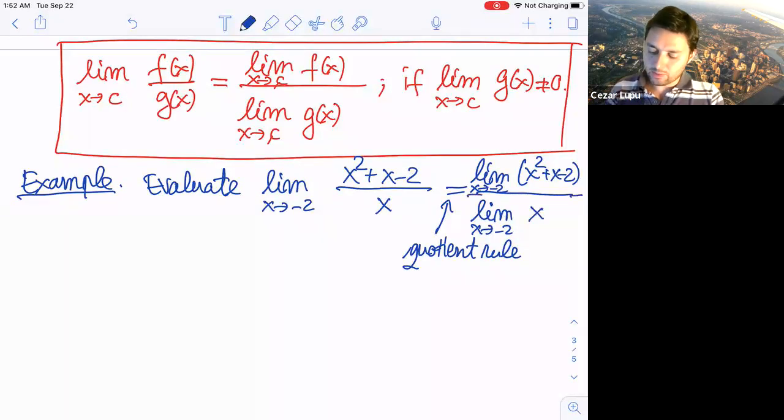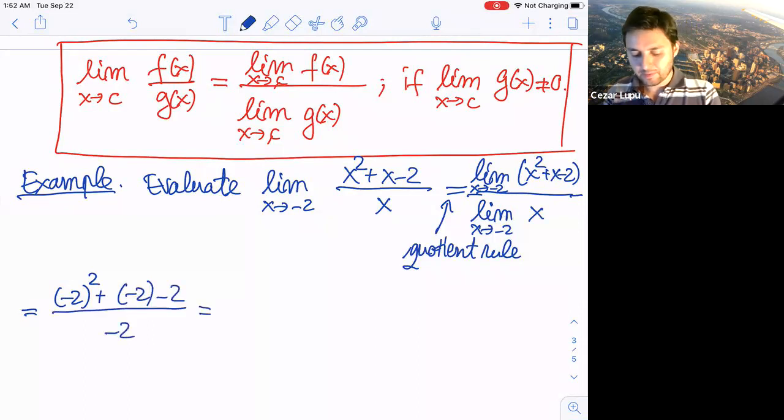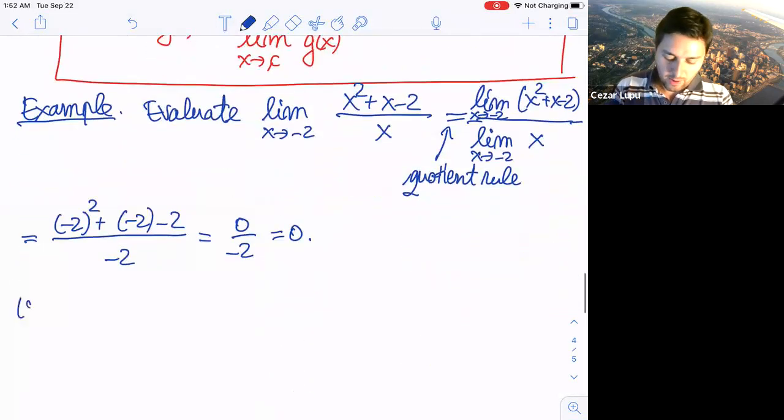And this will be equal to, well, you can plug it in. The first one will give us -2 squared plus -2 minus 2, everything over -2, which will give us 4 minus 4, so it will be 0 over -2, so this will be 0. That's it.